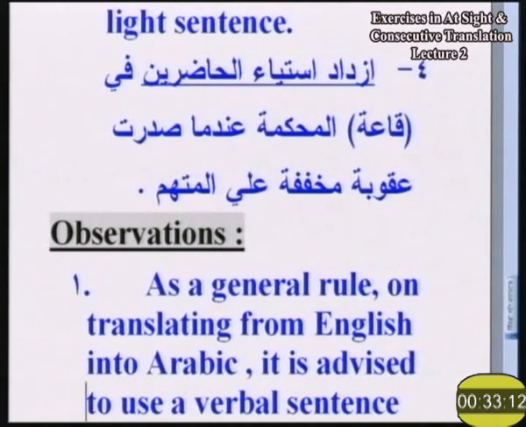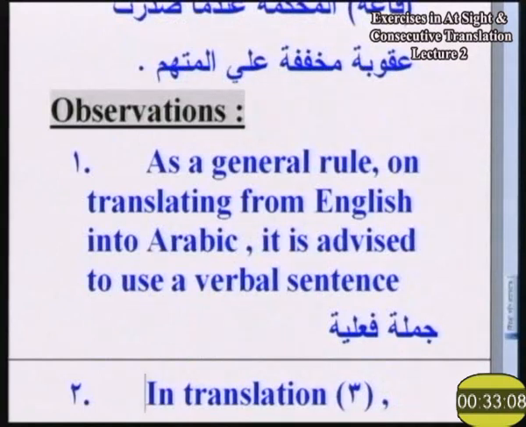As a general rule on translating from English into Arabic, it's advised to use a verbal sentence, that is جملة فعلية. When we are translating, it's very much acceptable in Arabic to use the verbal sentence or الجملة الفعلية. This does not mean that الجملة الاسمية or the nominal sentence is not important or not acceptable.